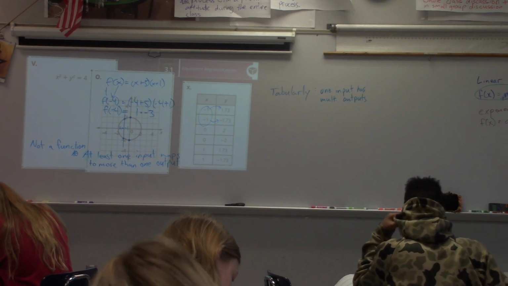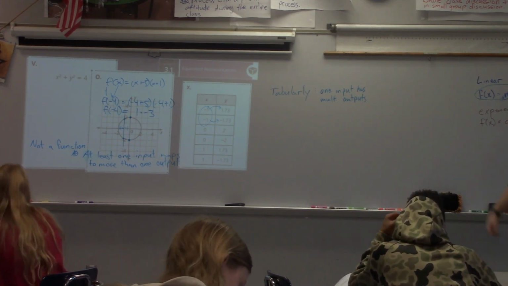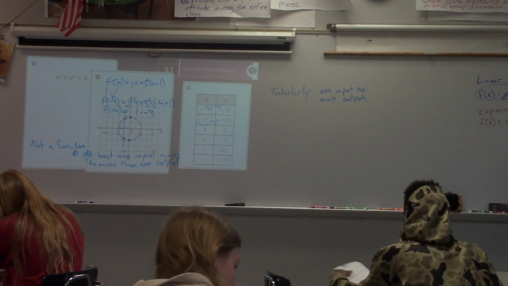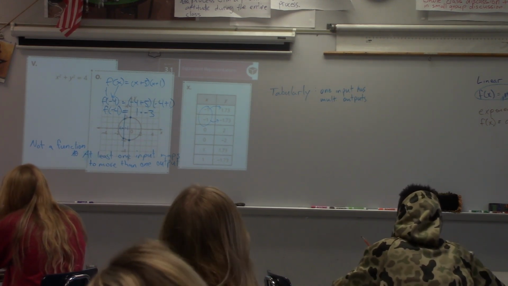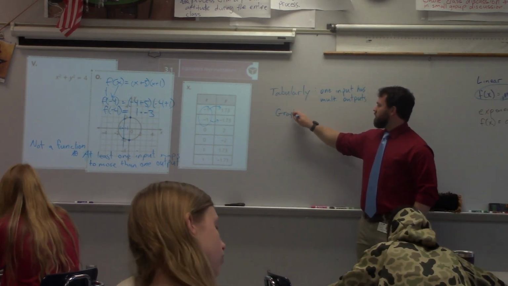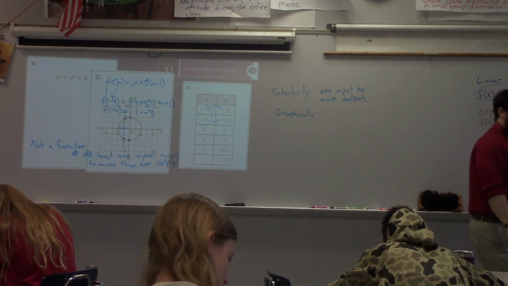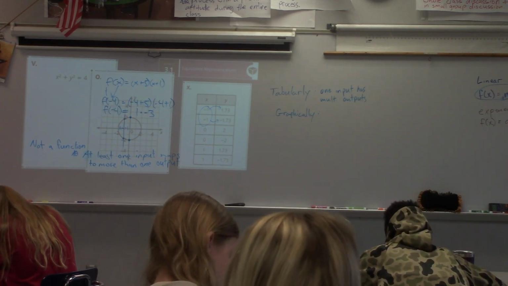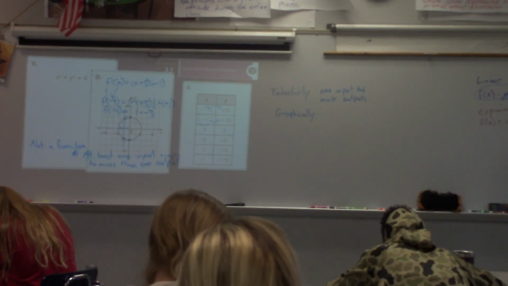If at any time one input maps to more than one output, it's not a function, but we can clearly see that on the table. You could go off to the side if you need to, or go above it. I'm just adding clarity to those different representations.